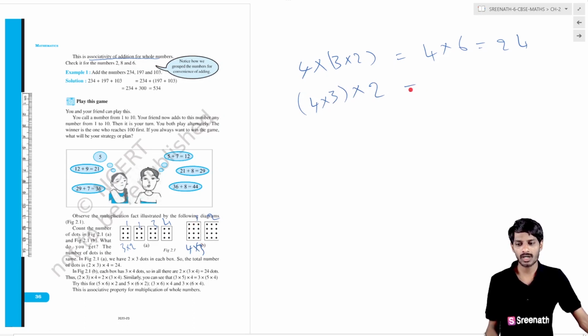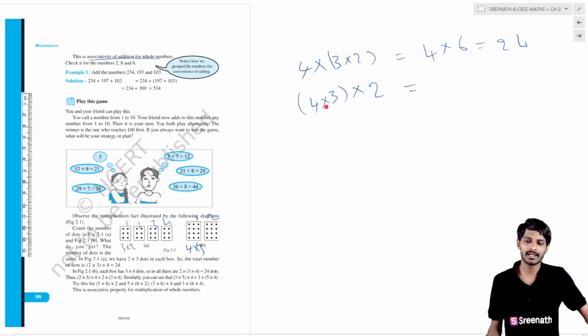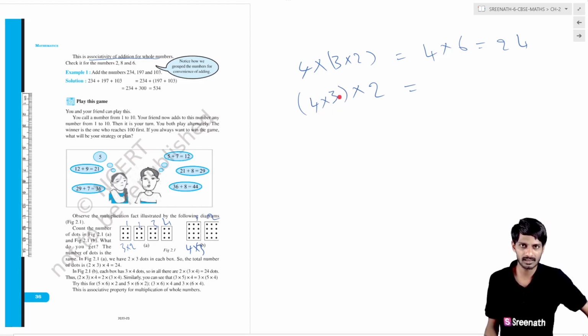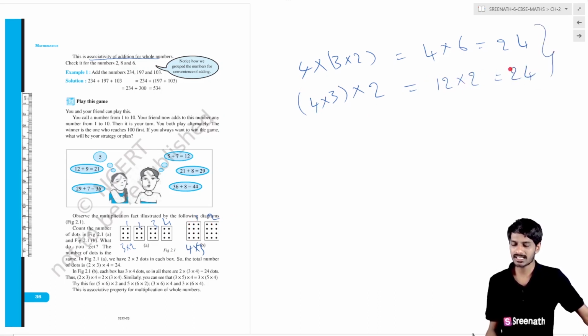So now what you have to do? First you have to multiply the one which is in the brackets. Why? Because first you have to multiply for one box. For one box, 4 into 3 is equal to 12. And how many boxes are there? There are 2 boxes. So 12 into 2 is equal to 24. So in both cases you are getting the same answer.